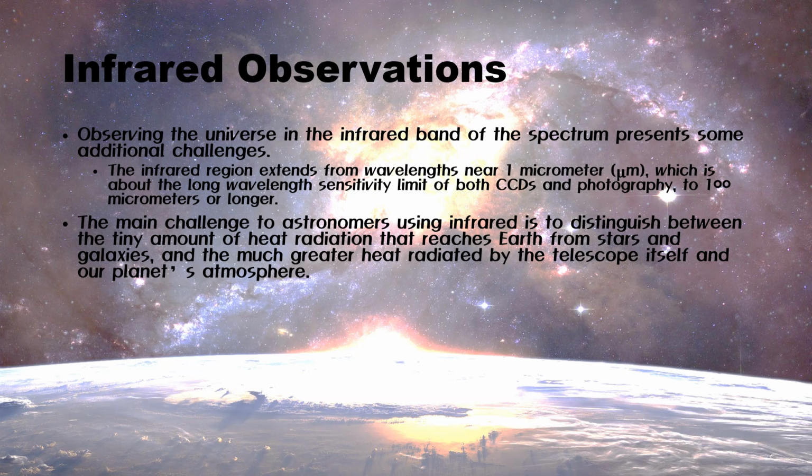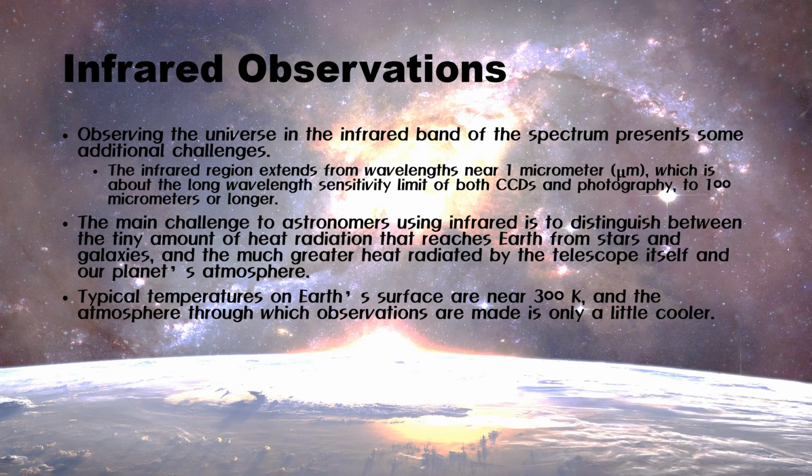The main challenge that astronomers have when using infrared is to distinguish between the tiny amount of heat radiation that reaches Earth from stars and galaxies and the much greater heat that is radiated by the telescope itself and our own planet's atmosphere. Now, typical temperatures on Earth's surface are near 300 Kelvin, and the atmosphere through which observations are made is only just a little cooler.